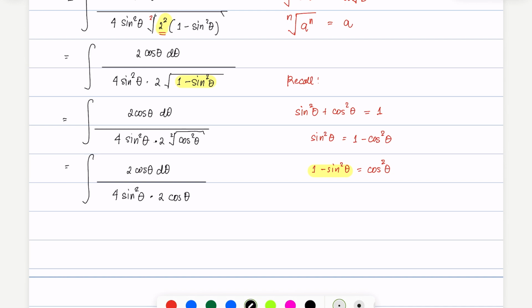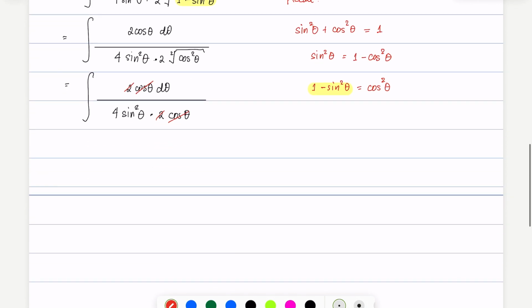Right, and everything goes smoothly here because your 2 cancels out, your cosine theta cancels out, so your integral is reduced to a very nice, simpler form, which is just d theta all over.